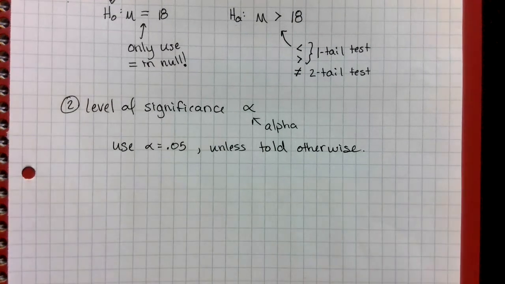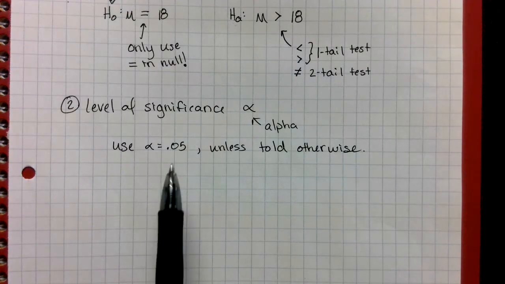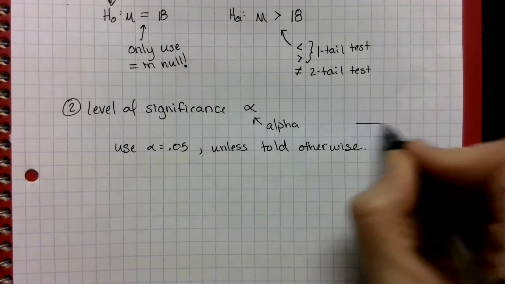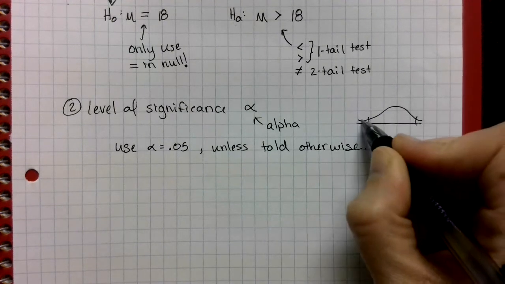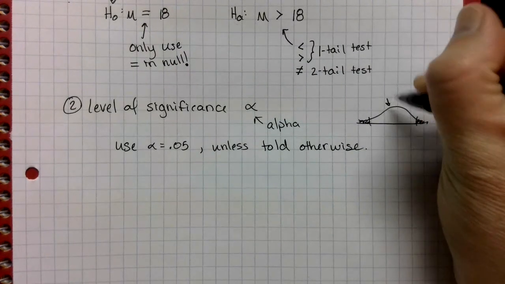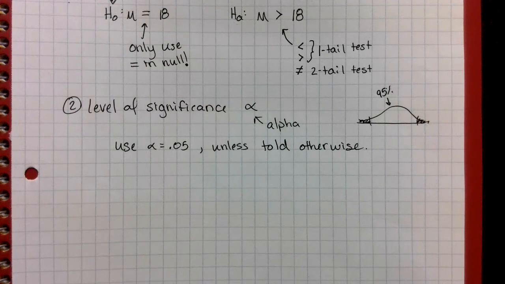Now, that should seem familiar to you because we've talked a lot about this whole concept and how this all goes together. 0.05 is 5%. Way back when we talked about the empirical rule, what do we remember about 5%? Your 5% is what's left over out here in these tails. Those are the things that we consider to be unusual. Also, 5% goes in a direct correlation with what? With 95%. So that means we want 95% to be in here.